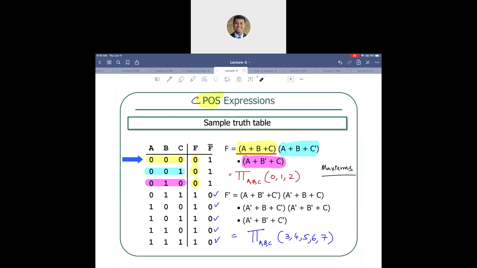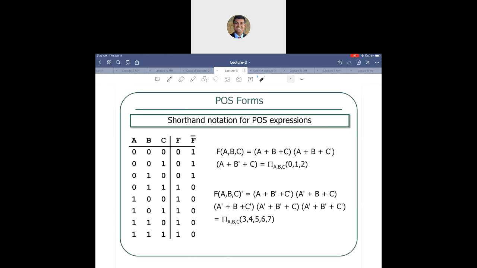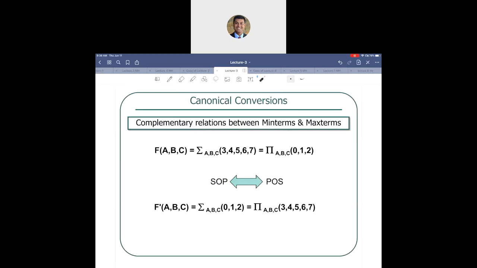So we can summarize all these observations, this is kind of the same thing listed again, summarized over here. We can summarize those things by talking about complementary relationships between minterms and max terms. So both the functions are listed here. On the top we have F, on the bottom we have F complement.